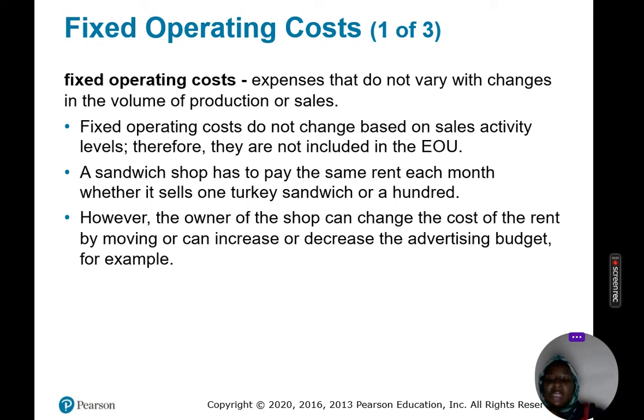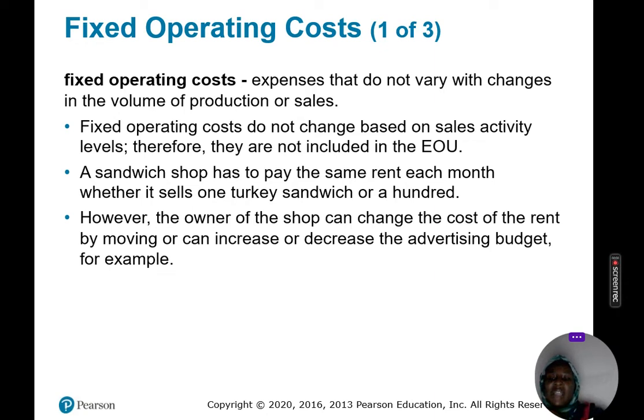So rent is considered a fixed cost, and it is not included in the EOU. Although there's still a little shift in fixed cost, it happens once in a while, maybe, but it's very slow. In this case, we can say it's a mixed cost, with a little bit of a variable touch in it.